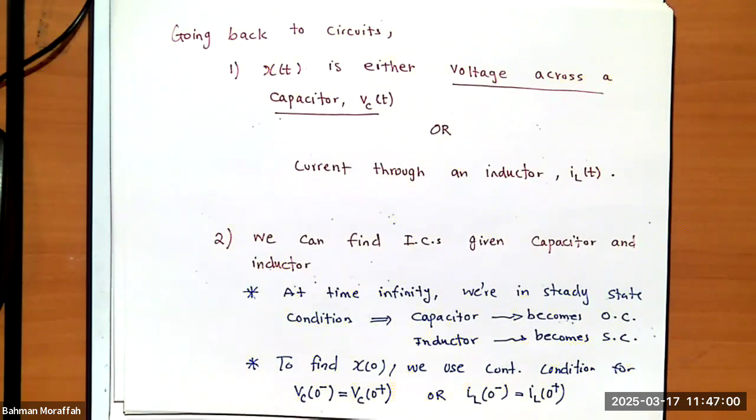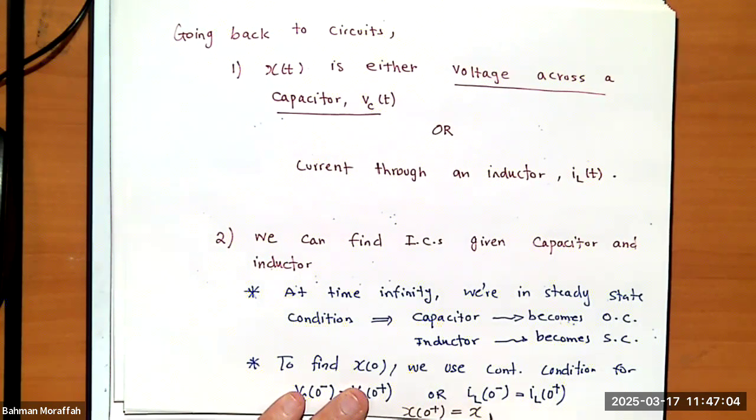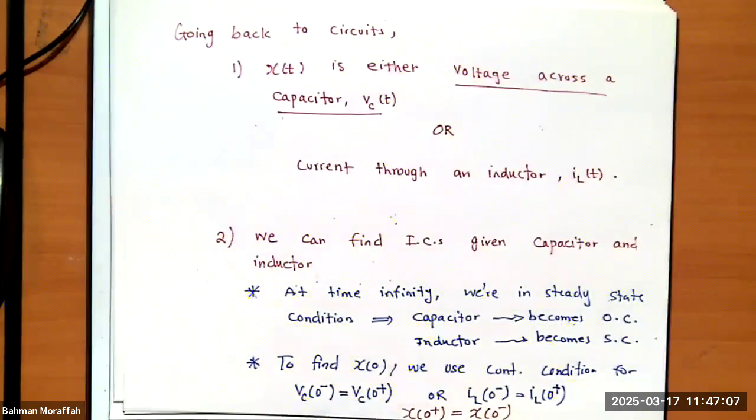Which basically means x0 plus is the same as x0 negative, right? x is either Vc or IL, right?